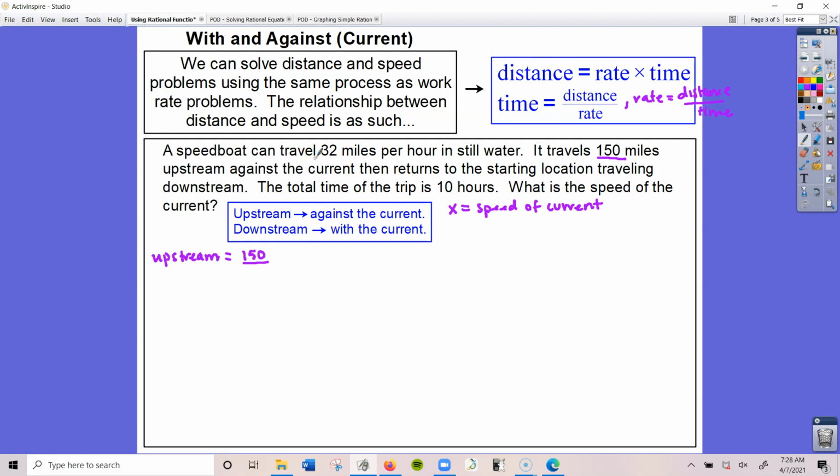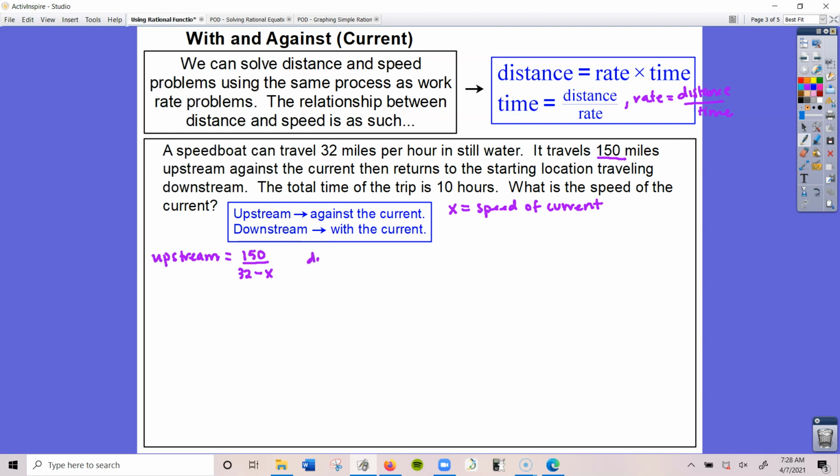And it says here that the speedboat travels 32 miles per hour in still water. So that is like what it would read in the speedometer, right? Like the setting that you put your speedboat to go. So that means that if it's going upstream, it's going 32 miles per hour, but minus the speed of the current, because the current is going to slow it down.